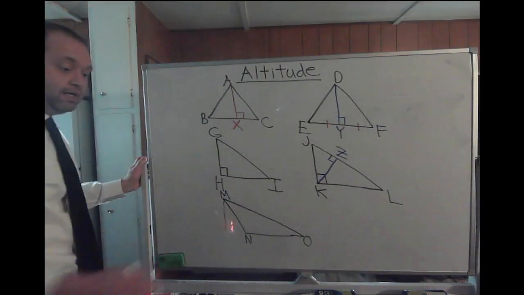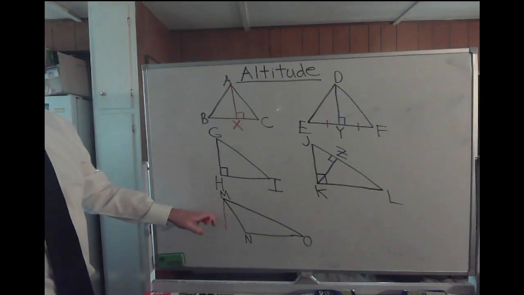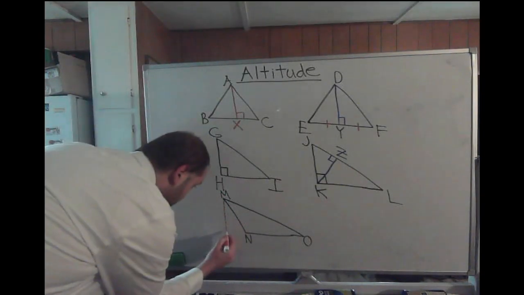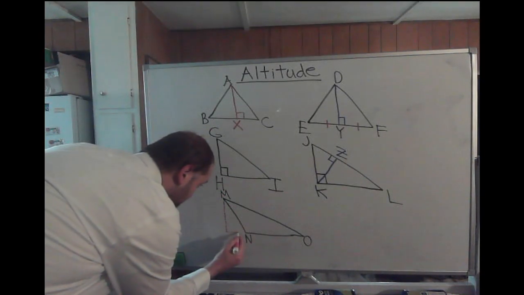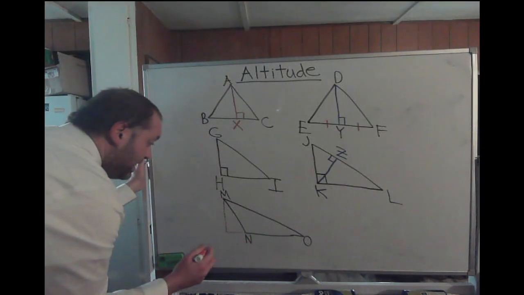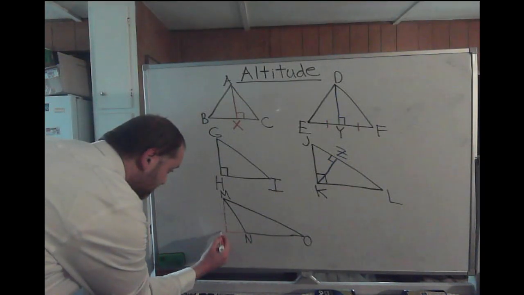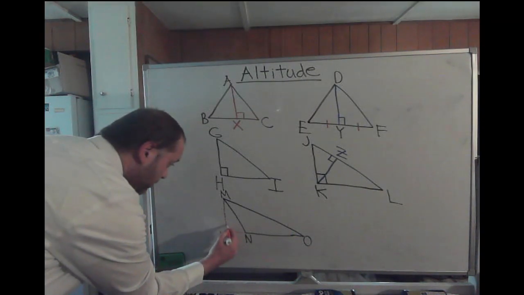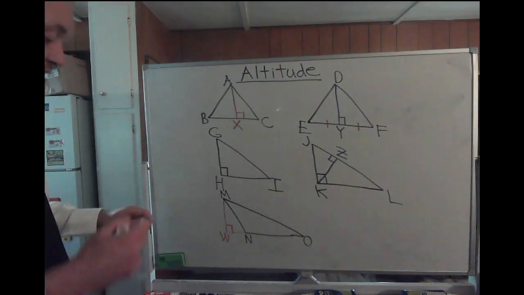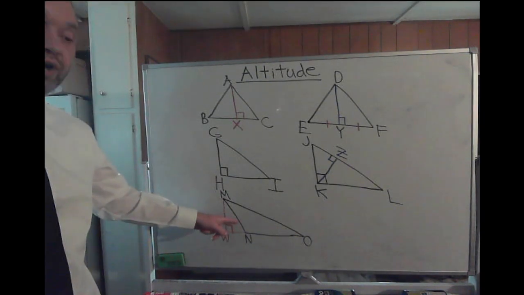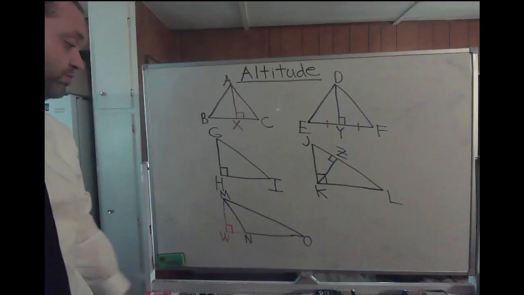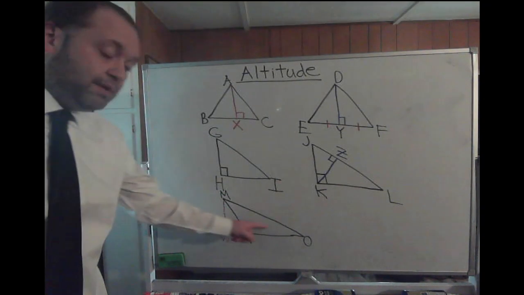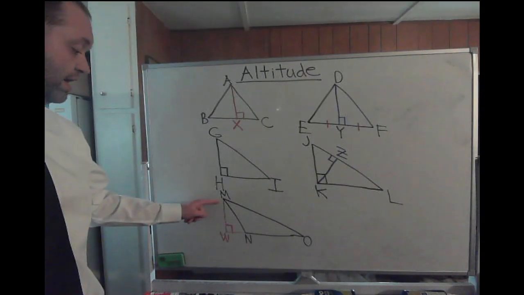That dotted line is called an auxiliary line, meaning it's not natively part of the triangle, but it's used to aid you in determining what the altitude is. Okay? And the altitude, we'll call this W here at the bottom of the red here, where it forms that right angle. The altitude itself of an obtuse triangle forms a right triangle outside of the obtuse triangle. So MW would be the altitude of triangle MNO, and it forms a separate right triangle MWN.